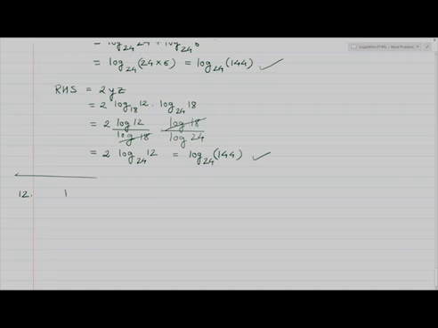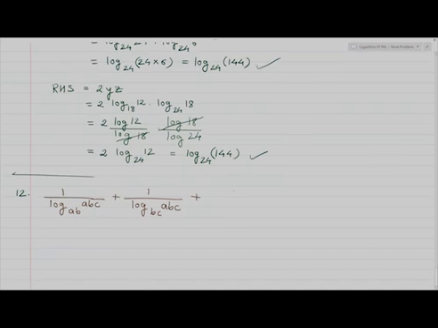Okay, it's 1 upon log of ABC to the base AB, plus 1 upon log of ABC to the base BC, and the third one will be 1 upon log of ABC to the base CA, or AC, let us say AC, is equal to 2. I will prove that this is the case.